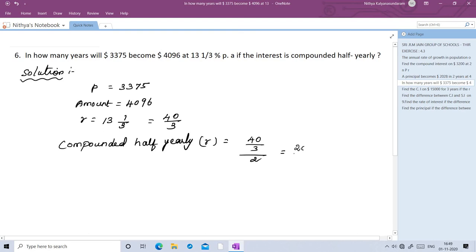So it's 20 divided by 3% per half year. The number of years is not given, so let the number of years be n.